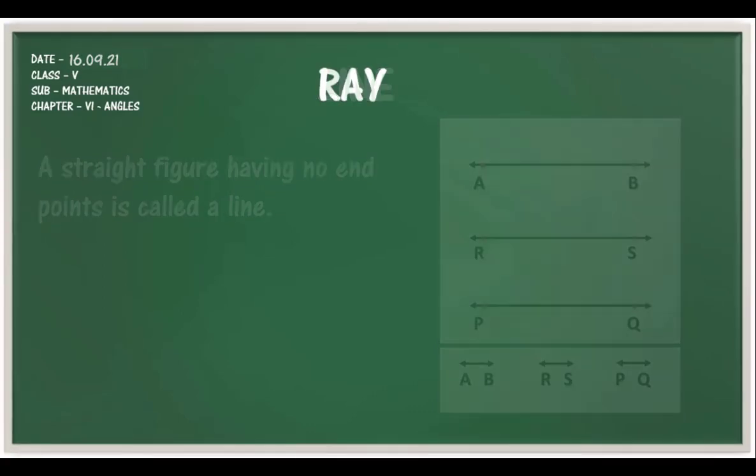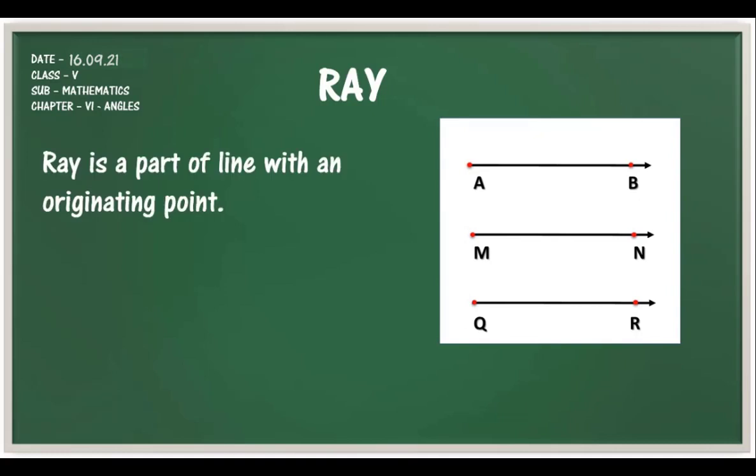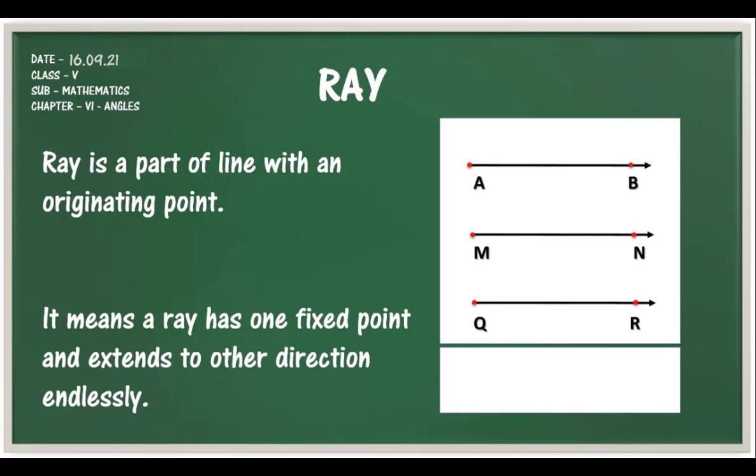Ray. Ray is a part of line with an originating point. It means a ray has one fixed point and extends in the other direction endlessly. The ray is written as AB, where A is the originating point and B is another point taken to name the ray, but the line extends beyond B to any length.